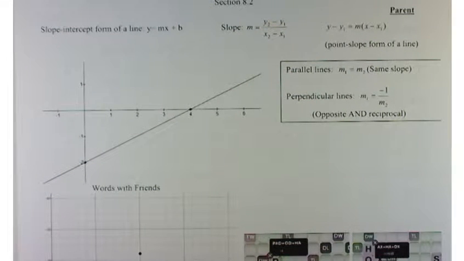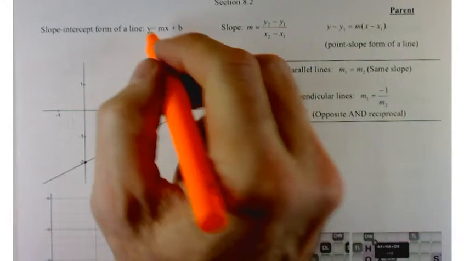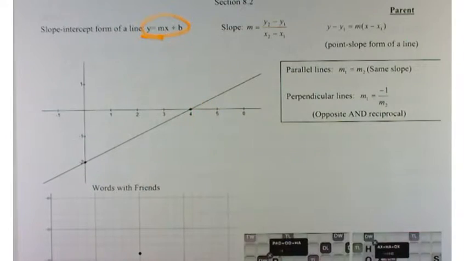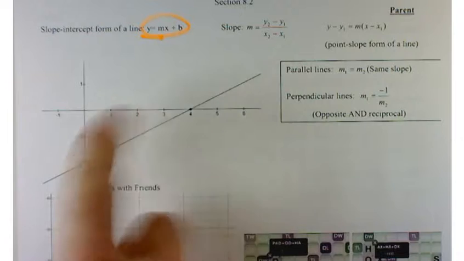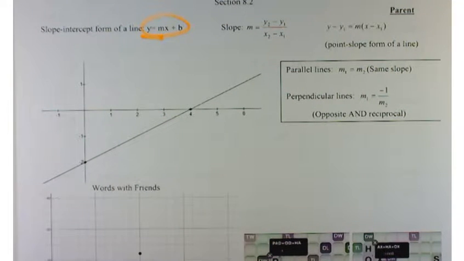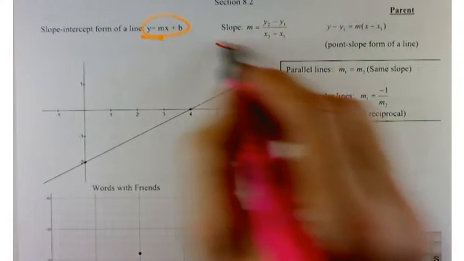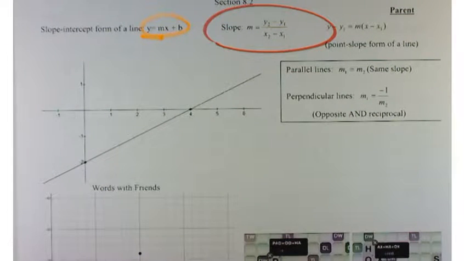Now, one form of the equation of a line is this one right here, the slope-intercept form. Let's see if we can determine a couple of those things based on this equation. The slope of an equation, the actual formula for it is here.